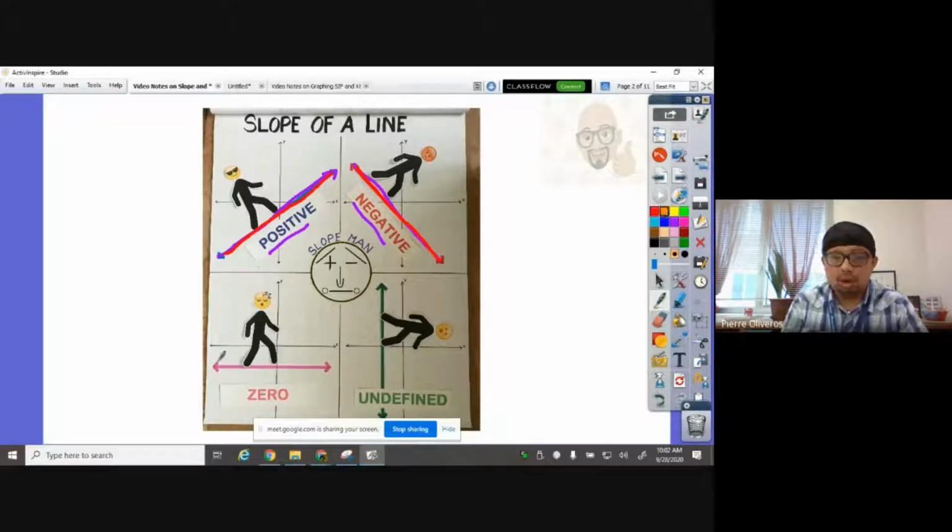If you guys are walking straight, like flat, that is a zero slope. And when you're about to fall down the hill, it's undefined. Okay. So something to remember and guide you. When you are graphing a line, which we will learn in the future, you can easily identify now the characteristic of the slope based on the behavior of the line.